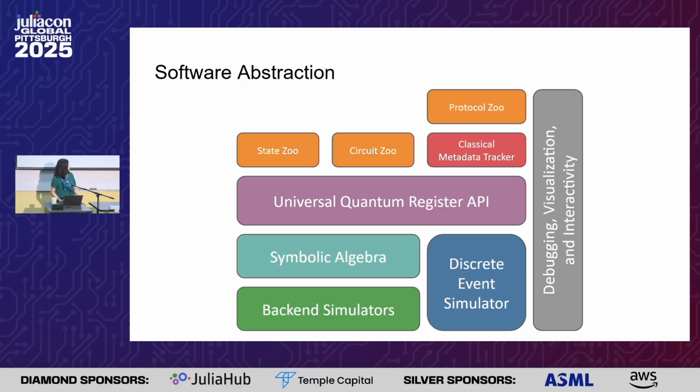Above that, it includes a symbolic algebra layer that Andrew also talked about yesterday, and a discrete event simulator, which is built with ResumableFunctions and ConcurrentSim. At a higher level, we have state zoo, circuit zoo, and protocol zoo, which are collections of pre-built quantum components designed to support rapid prototyping of your protocols. But for today, the focus will be on the classical metadata tracker.